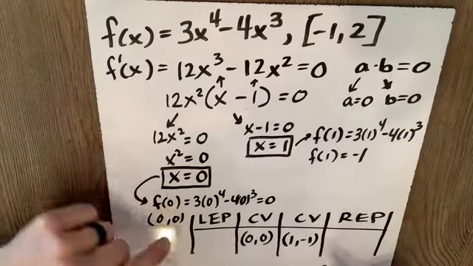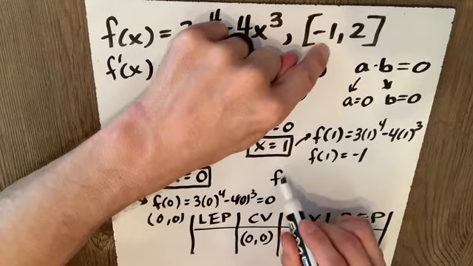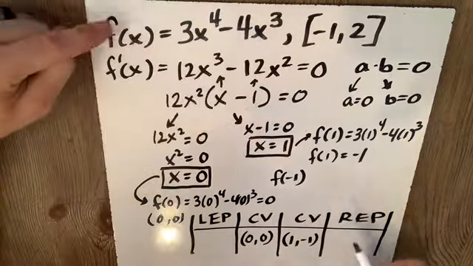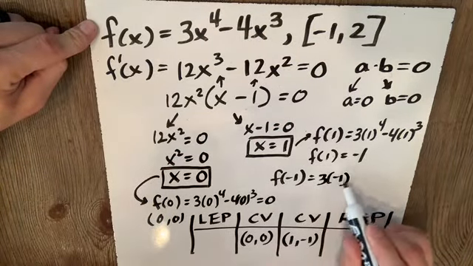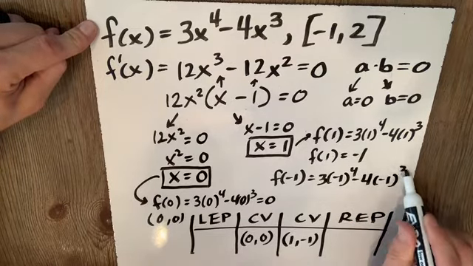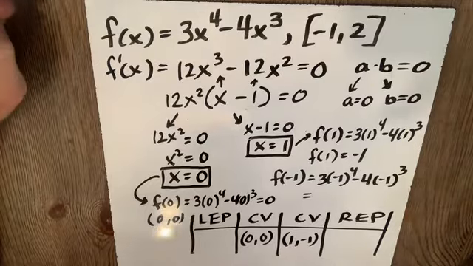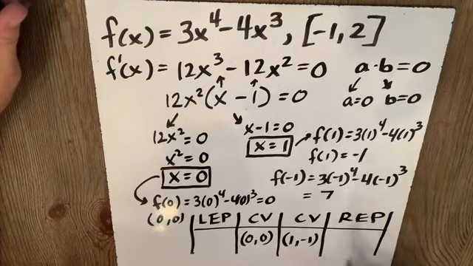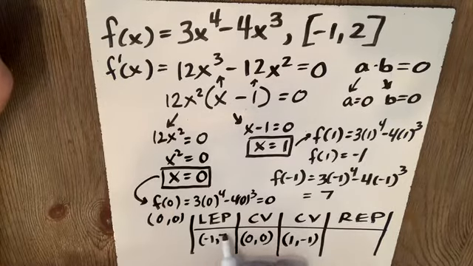The left endpoint, well, I started at negative 1. So if I find f of negative 1, that's going to be 3 times negative 1 to the 4th minus 4 times negative 1 cubed. I have to follow PEMDAS: parentheses, exponents, multiplication, division, left to right, addition, subtraction, left to right. I'm going to get 7 here. So I have negative 1, 7.